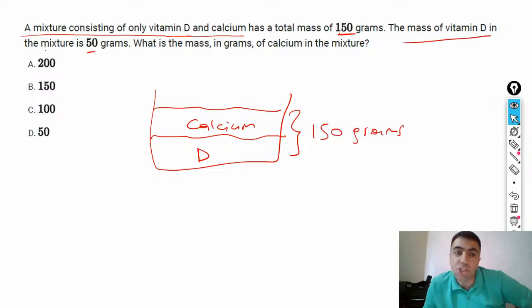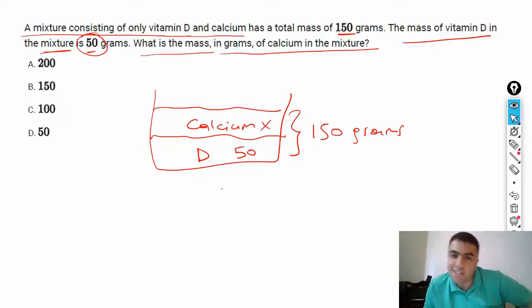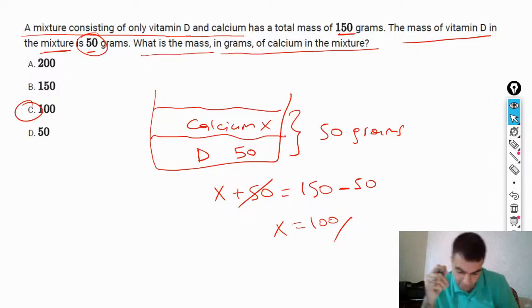What's the mass in grams of calcium? X. Let's write a simple equation. X plus 50 is equal to 150. And if it is plus in the left side, it should be minus in the right side. X is equal to 100. The answer is C.